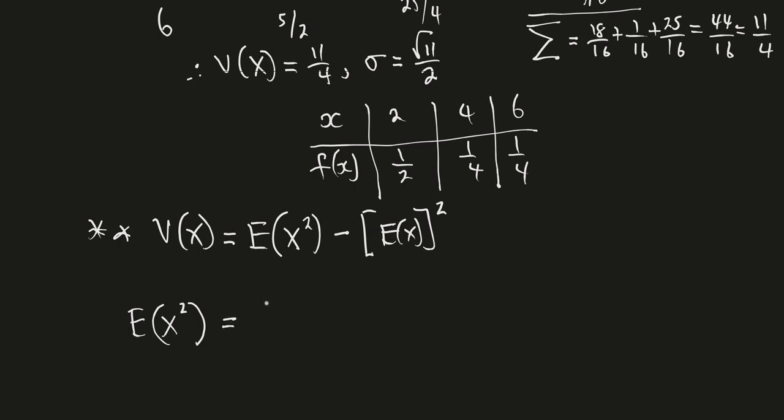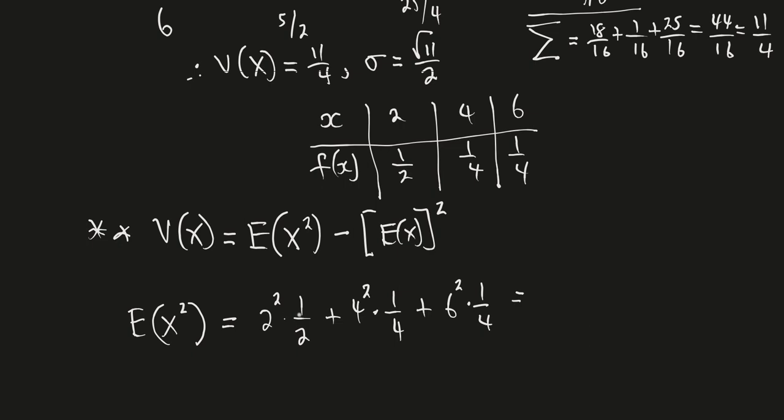We take each x and evaluate it at this function, so it's 2 squared times the corresponding probability, then 4 squared times the corresponding probability, and finally 6 squared times the corresponding probability.